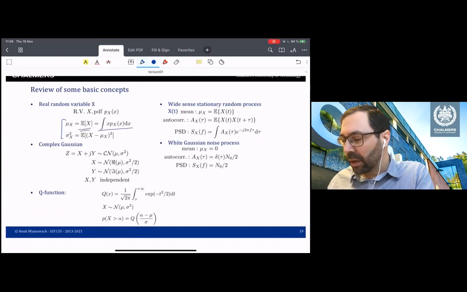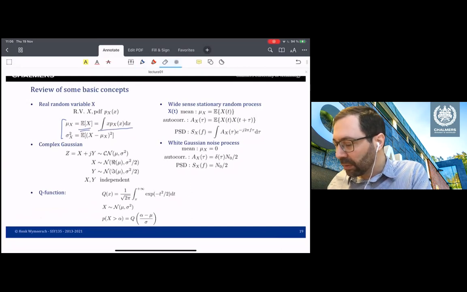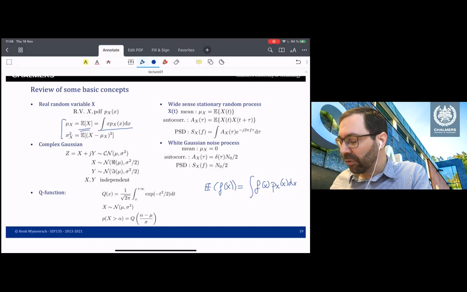In general, the expectation of f of x is by definition the integral of f of x times p of x dx for a continuous random variable. For a discrete one, it would be the sum over all x of f of x times p of x. This is just a general expression.